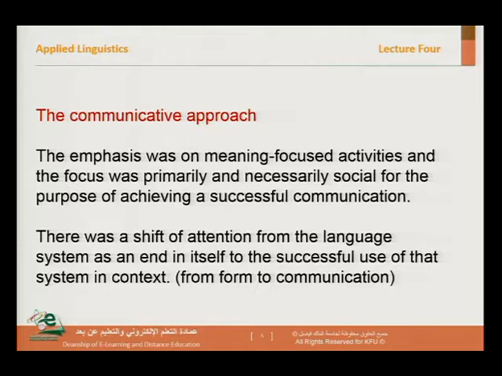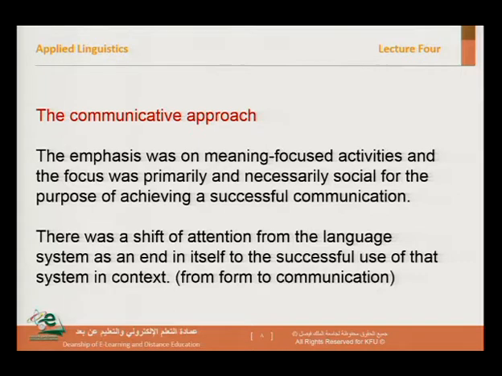Actually, at roughly the same time as the development of the natural approach, there emerged a far more durable new movement in the field of applied linguistics, known as the communicative approach.